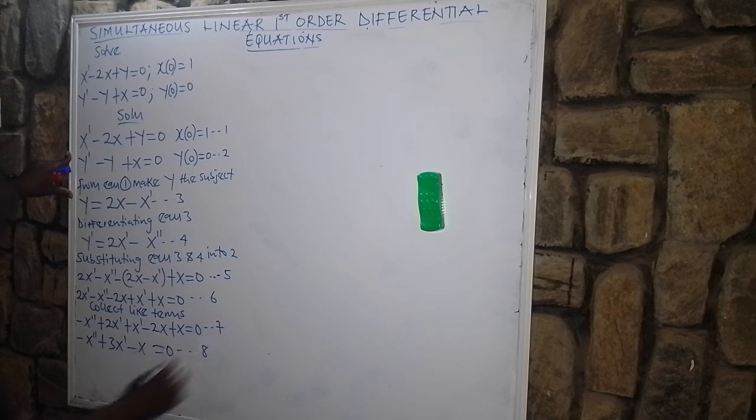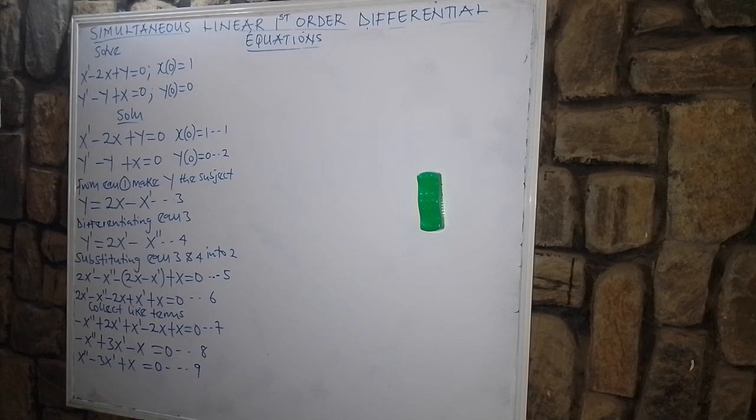This is equation 8. Then use minus to multiply through equation 8. Here will be plus. So x prime prime minus 3x prime plus x equals 0. This is equation 9.